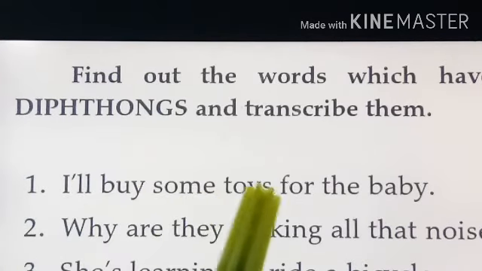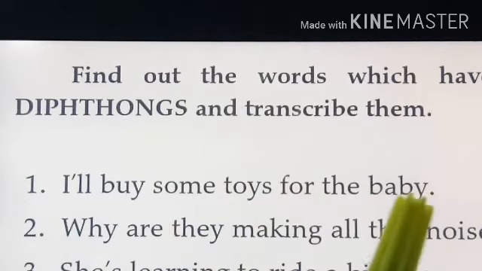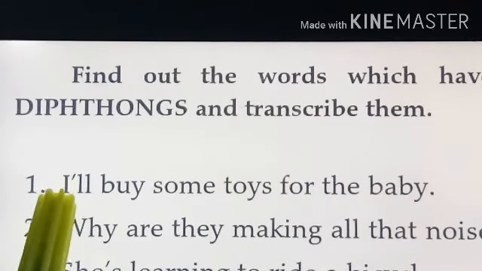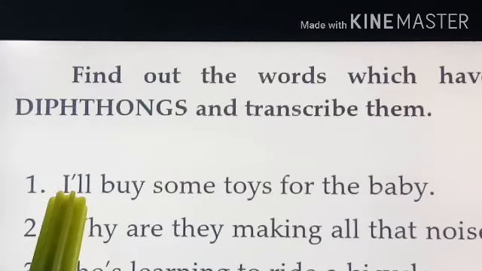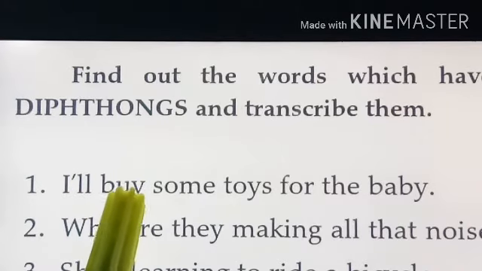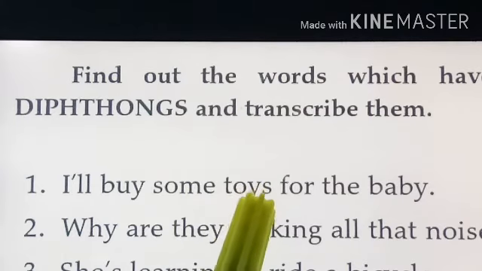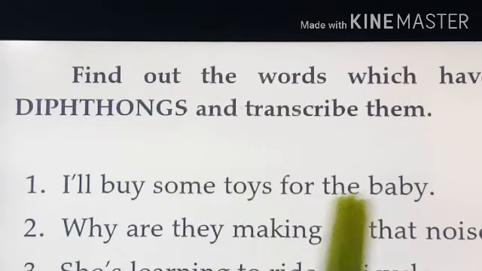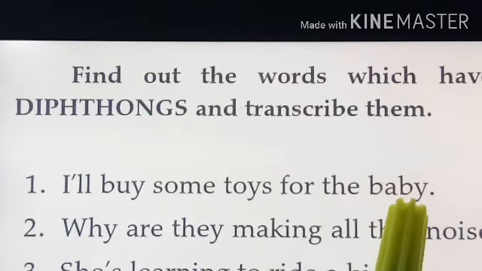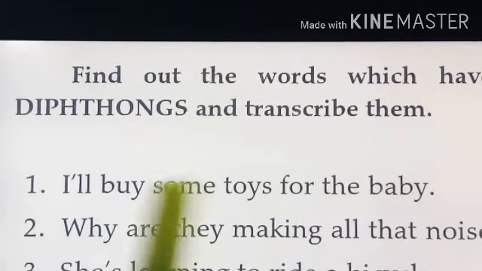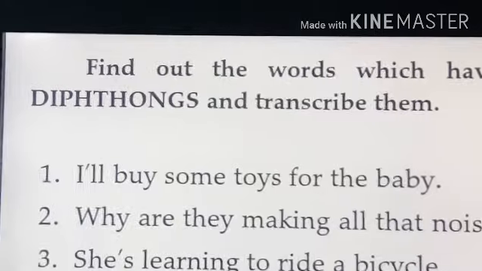Here we have a diphthong, that is I. Here B-U-Y, buy, I. Toy, here we have I. Here we have another one, bay, A. So in this sentence we have 4 diphthongs used.